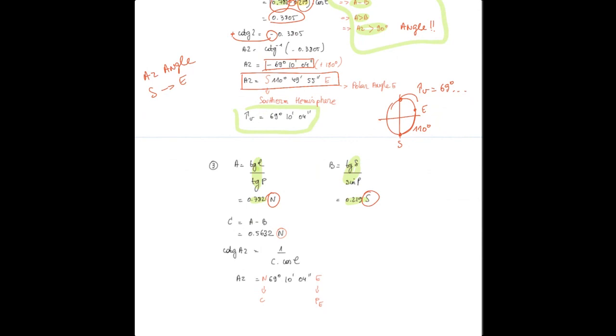So we have to subtract B from A. A is the bigger, so this gets a northerly sign. If we add this into this formula, then we again get an azimuth of north from C, east from the polar angle, which is 69 degrees 10.04. Okay.